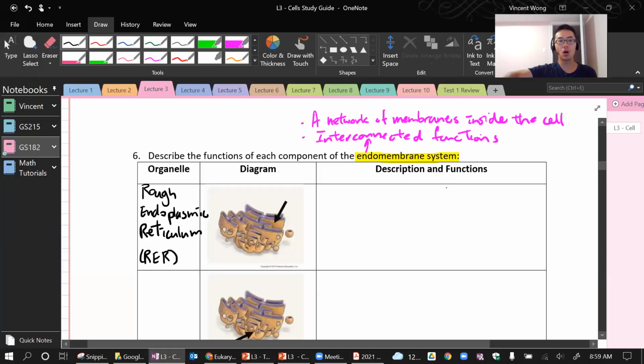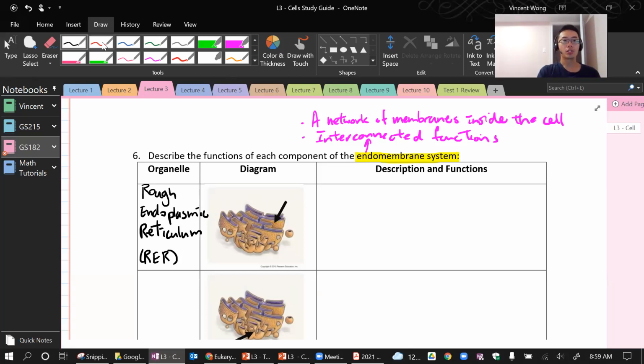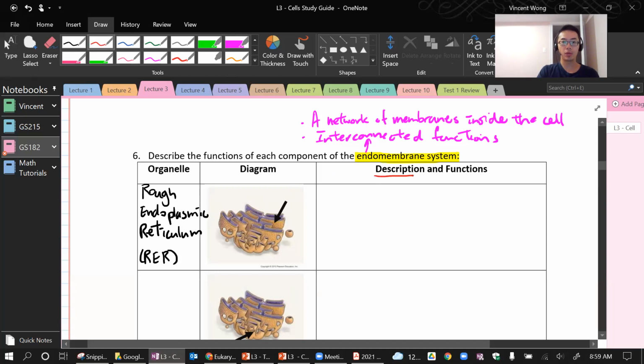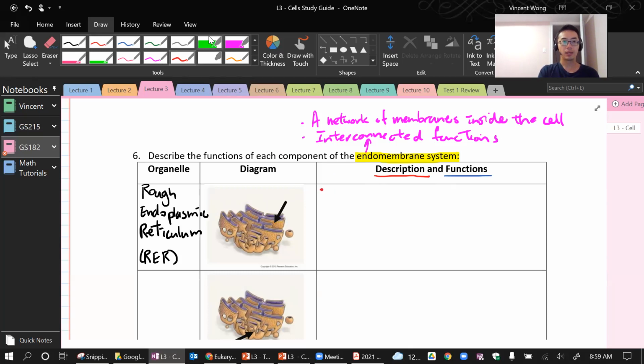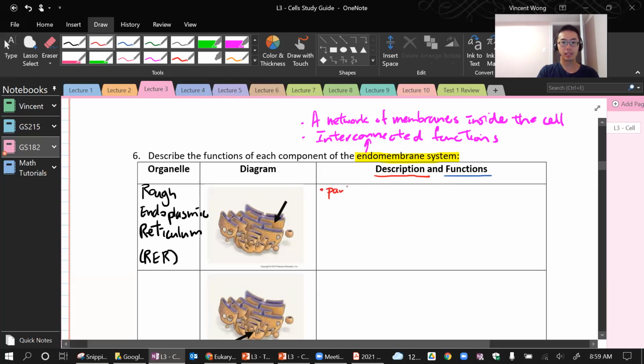Okay, so what does it look like, and what does it do? I will do description in red, and function in blue. So description: it is part of the endomembrane system, and it is actually continuous, that means connected, with the nuclear envelope.